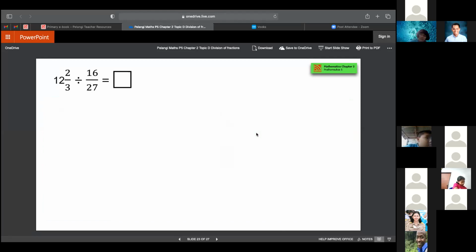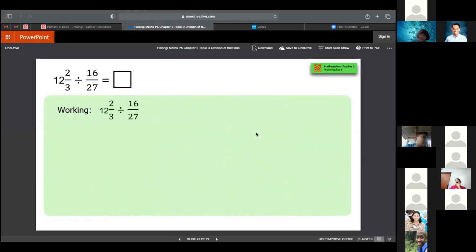Okay? Another one, we have 12 and 2/3 divided by 16/27. We write it this way. 12 and 2/3 divided by 16/27. 3 times 12 plus 2 is equal to 38/3. 38/3 divided by 16/27.